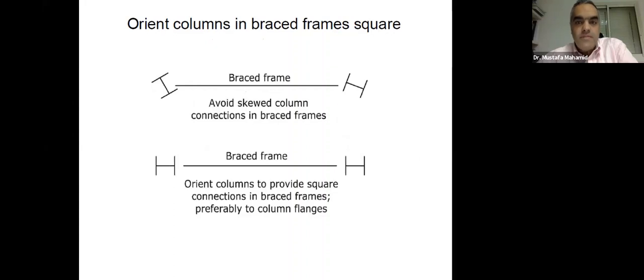Orient columns in braced frames square. Even if the geometry of the building requires something else, there's no need. You can just change the orientation and it doesn't affect the braced frames in terms of resistance. But for the connections, it makes it complicated.